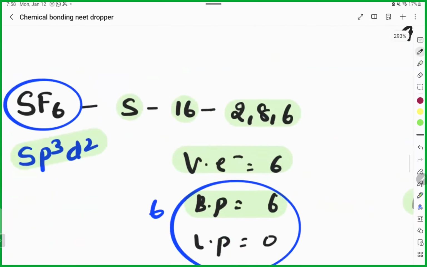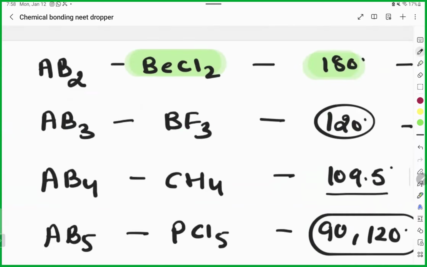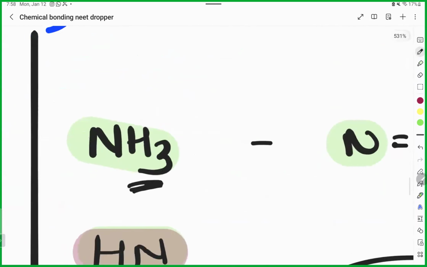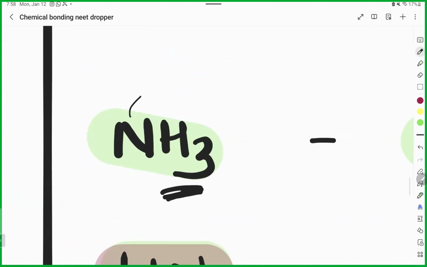But you will face the main issue when there is a difference, like when you have lone pair also. Example in this case. What is the valence electron in this case? 5. What is the number of bond pairs? 3. What will be the number of lone pair electrons? 2.